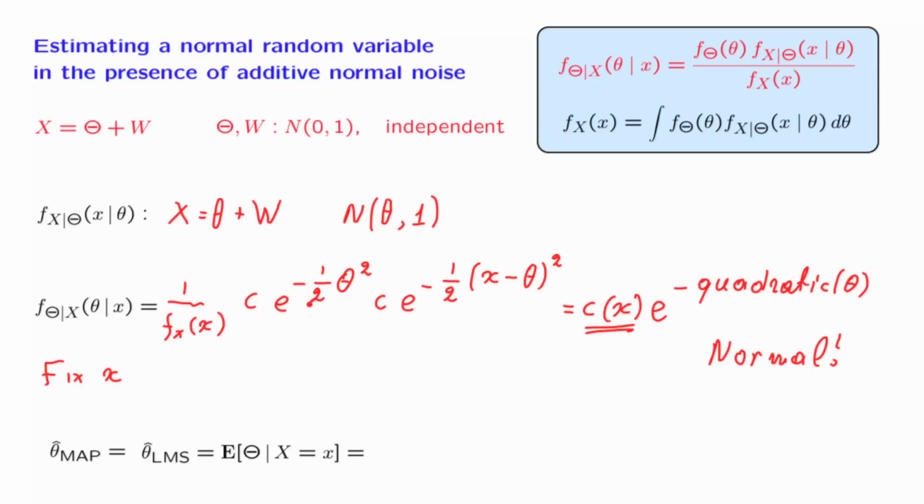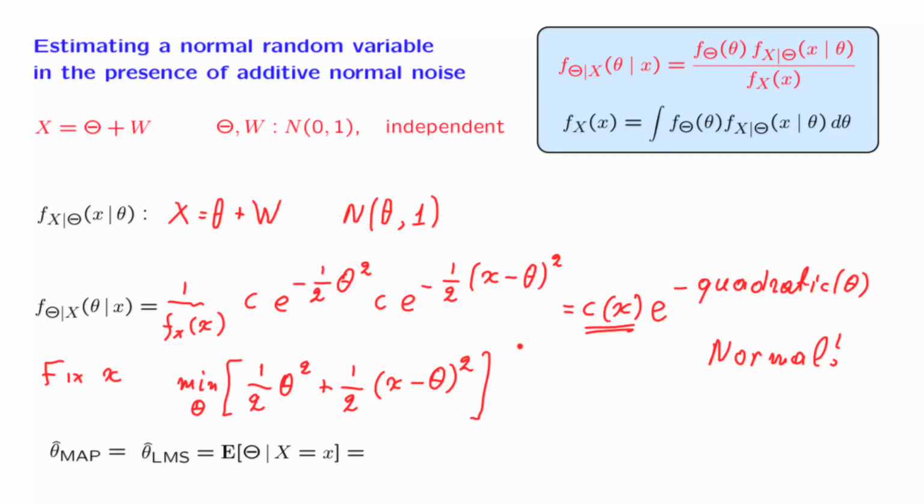To find the peak, we focus on the exponent term, which is, ignoring the minus sign, this one. And to find the peak of the distribution, we need to find the place where this exponent term is smallest. To find out when this term is smallest, we take its derivative with respect to theta and set it equal to 0.